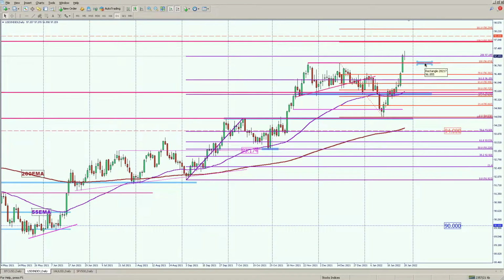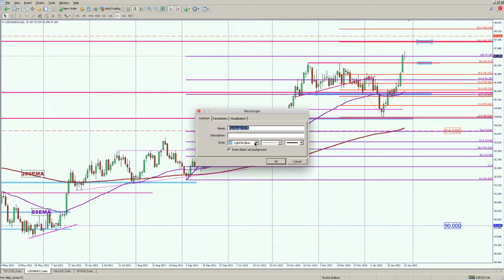Let's mark this zone here. That will be our resistance zone.